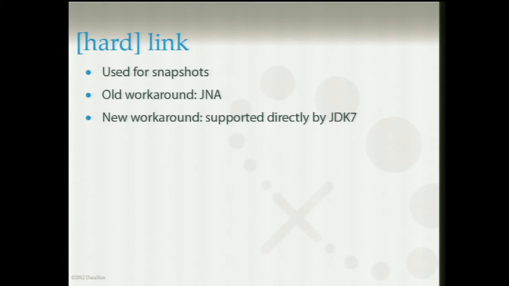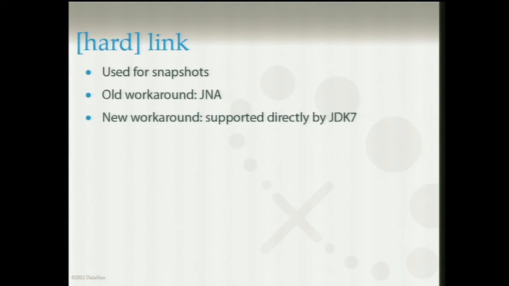So that's kind of the introduction to stuff we do that the JDK doesn't really want us to do. Another thing that we do is a lot of hard linking. That's where we basically tell the file system, I want to have two references to the same piece of data. We do this for snapshotting, which works really well since we're never doing update in place.